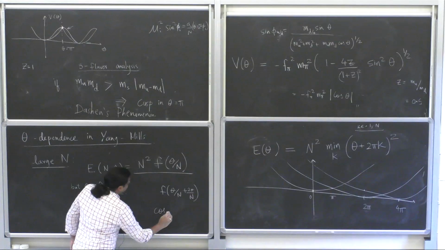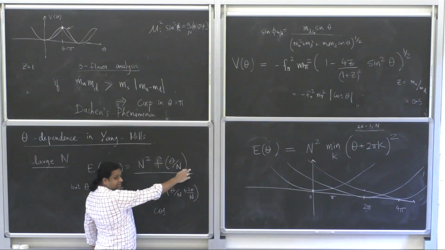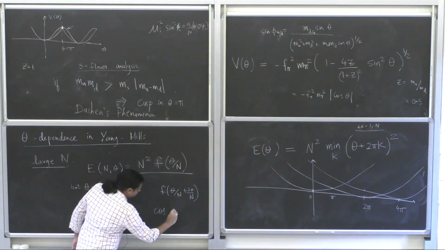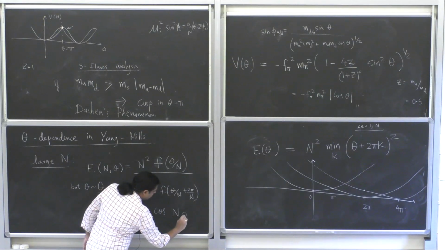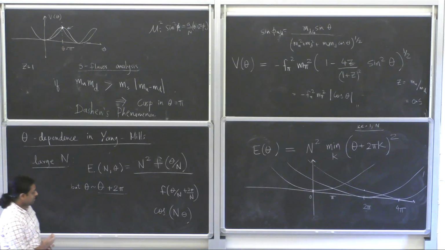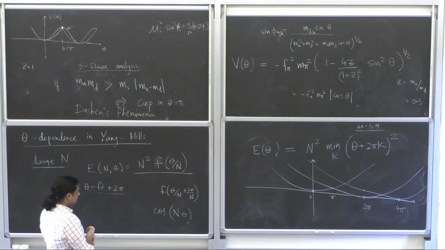So what I want to say here is, this function is periodic with 2 pi N. I want to say this is something like cosine N theta.